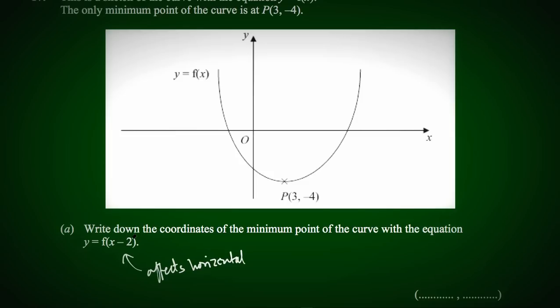It moves it 2 places to the right. So the coordinates of the minimum point are still going to be at -4 in terms of the y direction, but the graph will have moved across 2, so it'll now be at (5, -4).